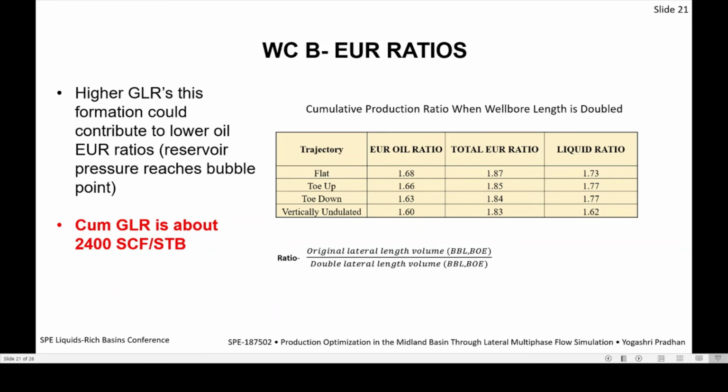Here are the Wolfcamp B EUR ratios, where the scaling was not 1-to-1, and the vertically undulated case exacerbates the problem of not scaling up 1-to-1. Again, it depends on where you are in the basin. The high GLRs in this formation could contribute to lower EUR ratios, and the reservoir pressure reaches bubble point.